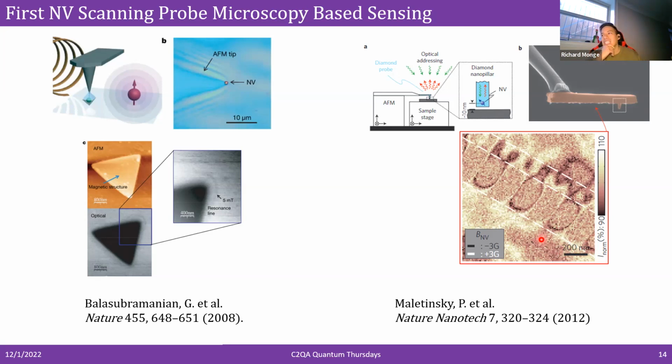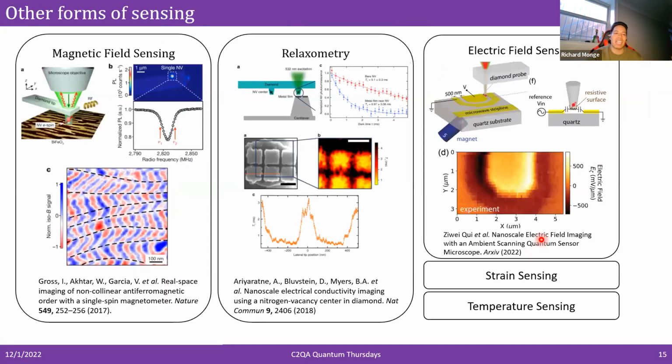After this, all-diamond probes have been used since then, and all that I mentioned before were forms of magnetic field sensing. For example, in this paper, they were able to monitor the shifts of the ODMR to map out the antiferromagnetic order in this material.